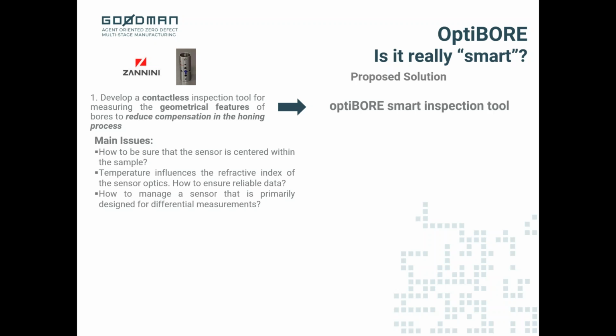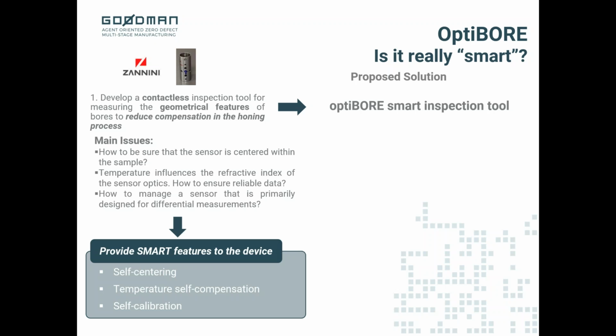So how can we ensure reliable data? And how can we manage a sensor that is primarily designed for differential measurements? So basically, a sensor that is designed to assess the difference between different distances between different targets.